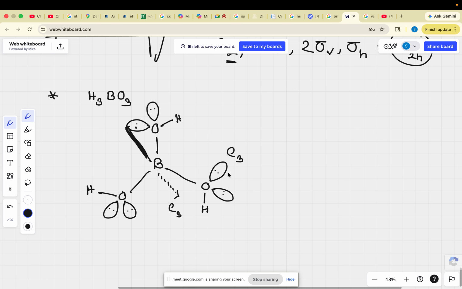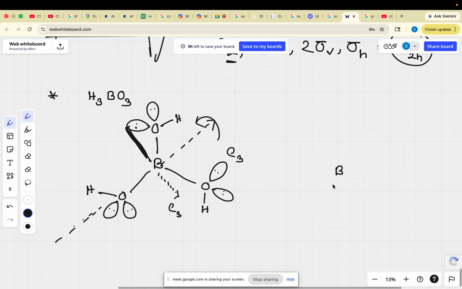Are C2 axes and those things present or not? Suppose I am considering one C2 axis along this, and then I rotate the molecule by 180 degrees. What will you get if I rotate by 180 degrees through this axis?